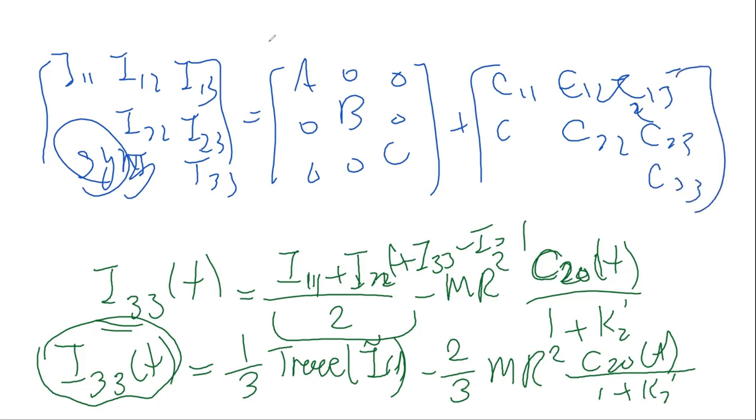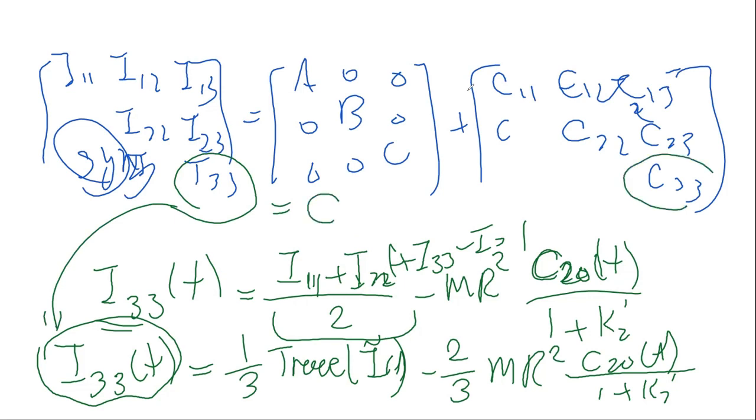So I want to say that this I33 that I have here is related to this one, which is simply the constant term. If I want to get the variation of the third, then I can simply write I33 minus C, and it goes to the other side.